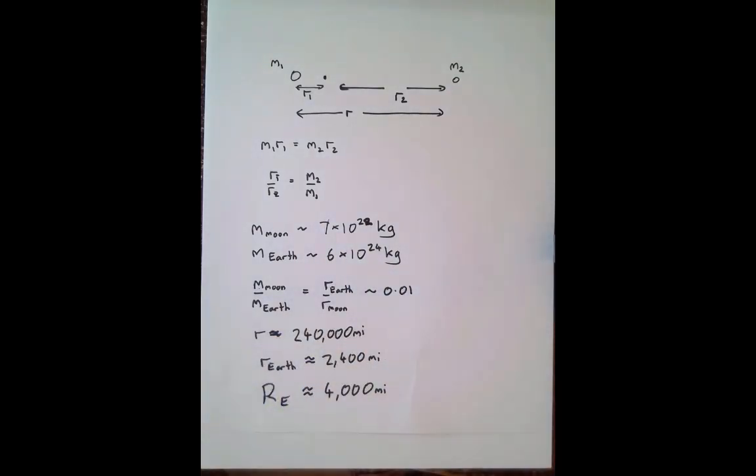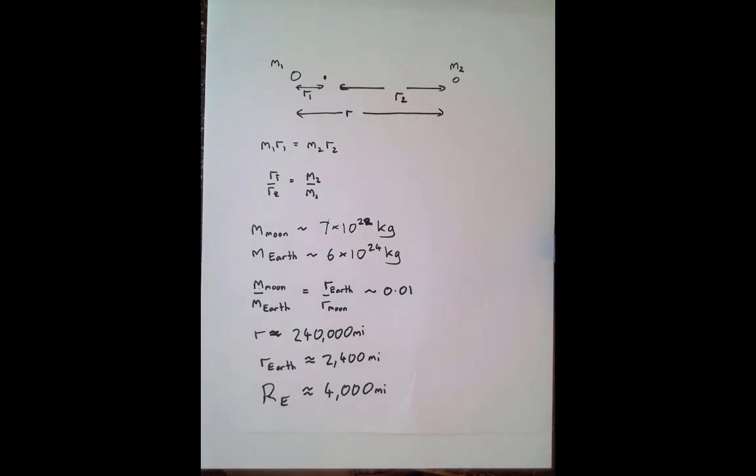And a similar story holds for the Earth-Sun system. The mass of the Sun is about 1,000,000 times bigger than the mass of the Earth, which means the center of mass of the Earth-Sun system is going to be about 1,000,000 times closer to the Sun than it is to the Earth.